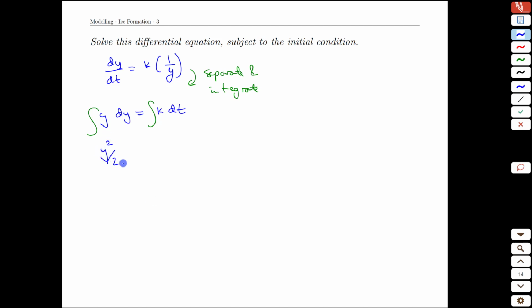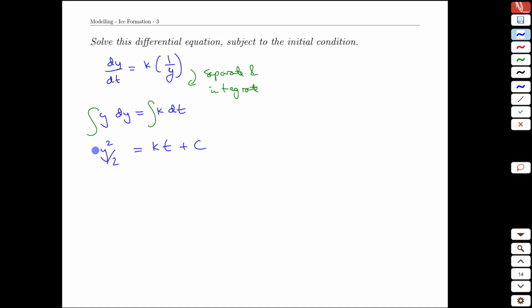Now this is an interesting variation from some of the other integrals we've seen. Now it's y with respect to y, that'll be y squared over 2, add 1 to the power, divide by the new power. The integral of k with respect to t is just kt, and we'll add 1 constant for the whole package.